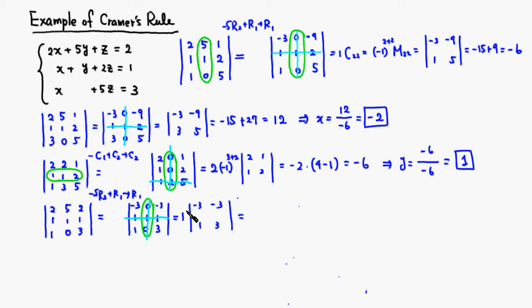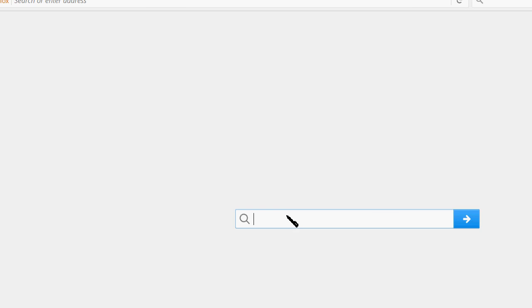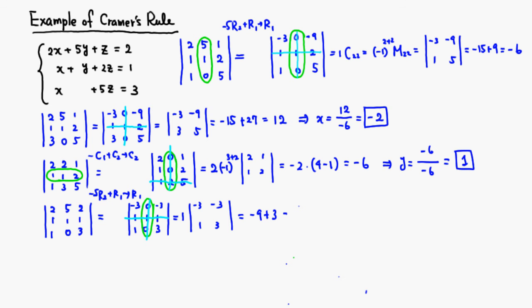So this is going to be -9 minus -3, so it's +3. This is going to be equal to -6. Therefore the z value is -6 divided by -6. So it's 1 again.